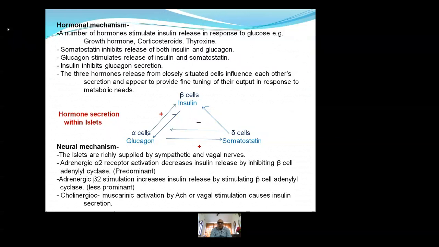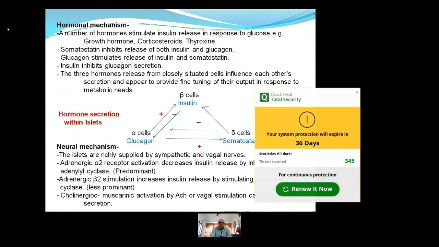Adrenergic beta 2 stimulation increases insulin release by stimulating beta cell adenylyl cyclase, which is less prominent. Cholinergic muscarinic activation by acetylcholine or vagal stimulation causes insulin secretion.